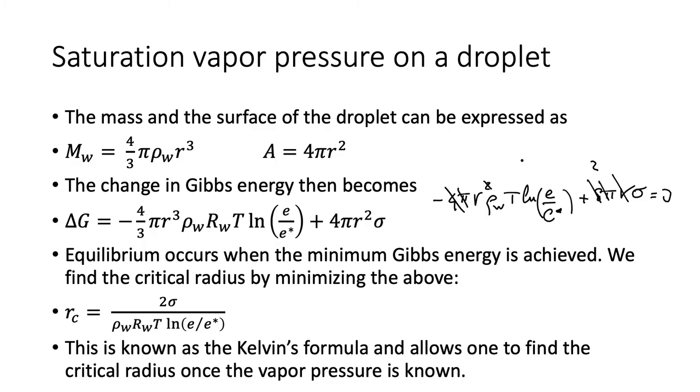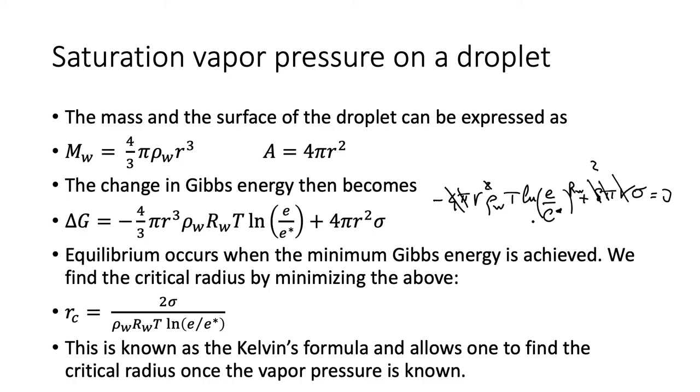And so then it's very simple to see that R, the critical radius, where you reach the equilibrium, is the 2 sigma that are in this term over all this stuff. Rho W, there was also an R_w that I forgot. Rho W, R_w, T times the logarithm of E over E star. Okay. This is the critical radius.